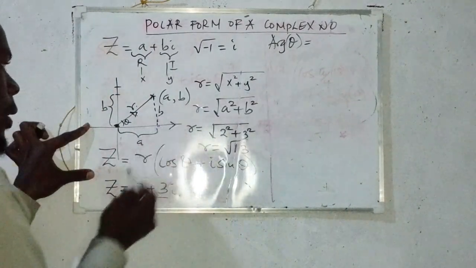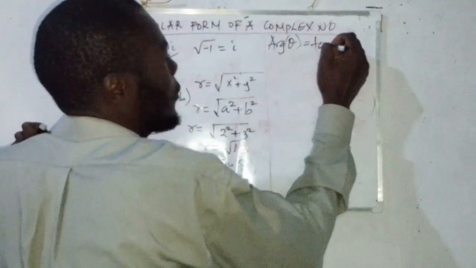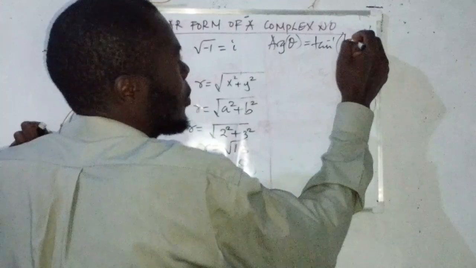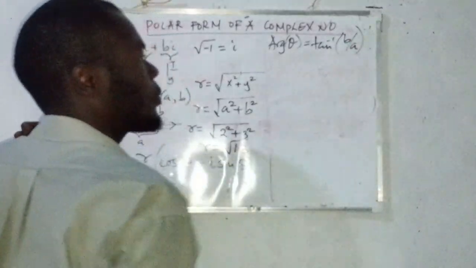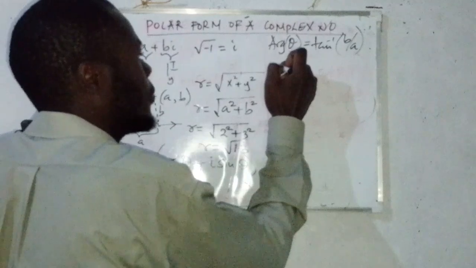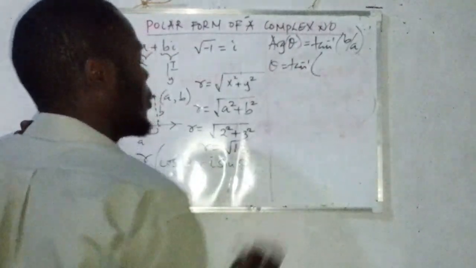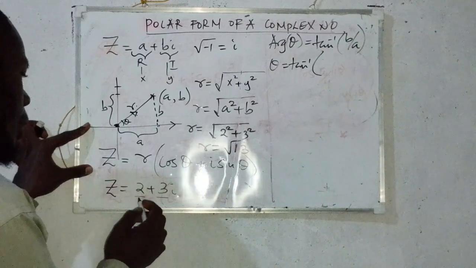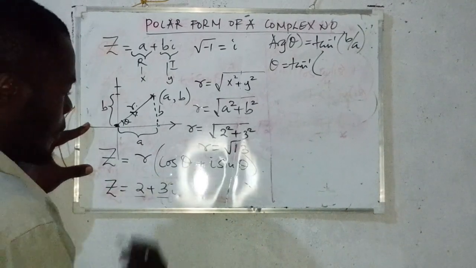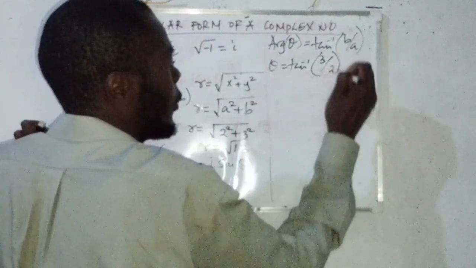The opposite is b and the adjacent is a, so we have theta equals tan inverse of b over a. For our case, a is 2 and b is 3, so tan inverse of 3 over 2.